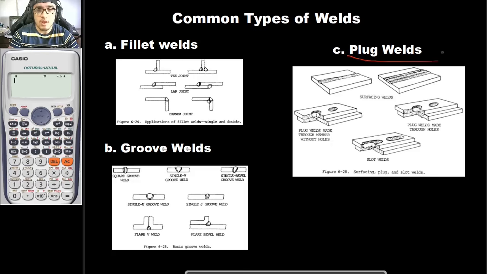This type of weld is only used if the other ones are not adequate. If your fillet weld is not adequate, you would add some welds onto it by introducing plug welds. So plug welds are often used in combination with fillet welds or groove welds. They are rarely used as your main welding system itself.